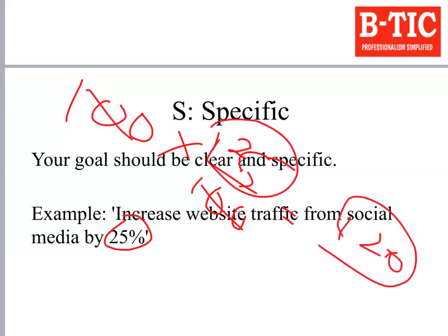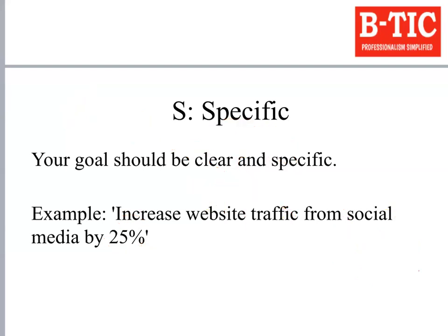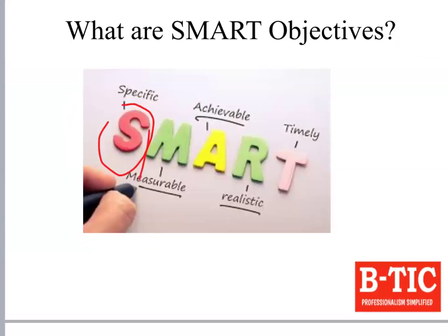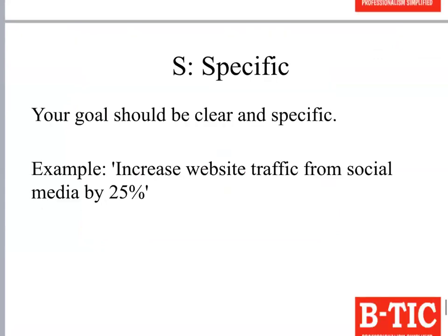You will be having 125 people visiting a website. That is specific, okay? And that is measurable as well. You can measure it specifically. You are defining what it is, and we can measure it as well. Okay, so we have learned both of them, specific and measurable.